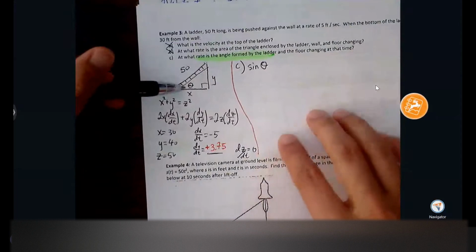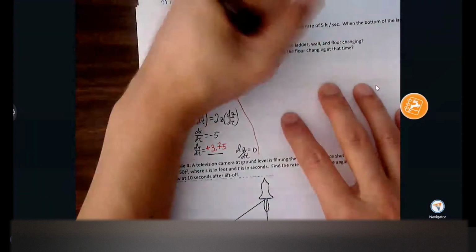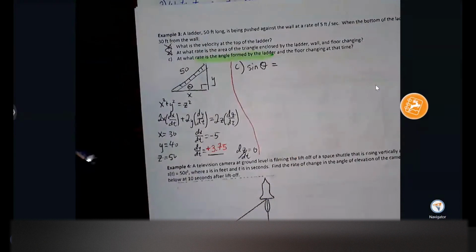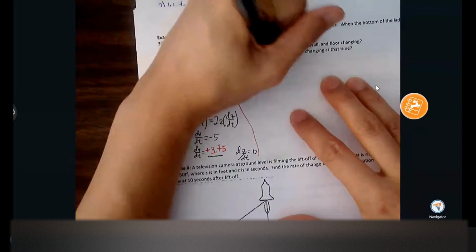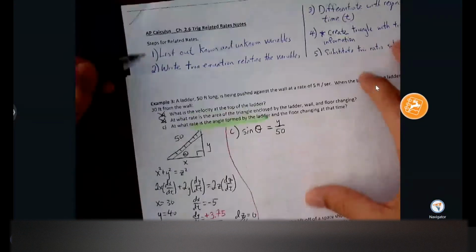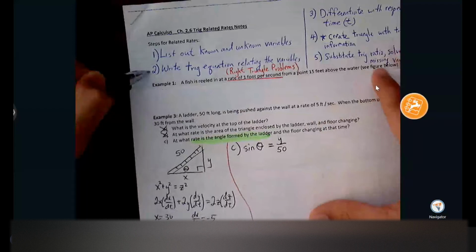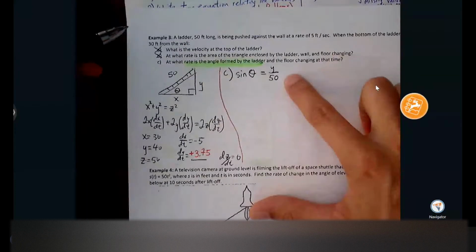So if I want to use sine of theta, what's the right side going to look like? Y over 50. Yeah. Opposite over hypotenuse. Okay, we listed out our variables, we wrote our trig equation, and now we're going to move to find the derivative. But to make this a little bit cleaner, maybe I can push that 50 out in front.